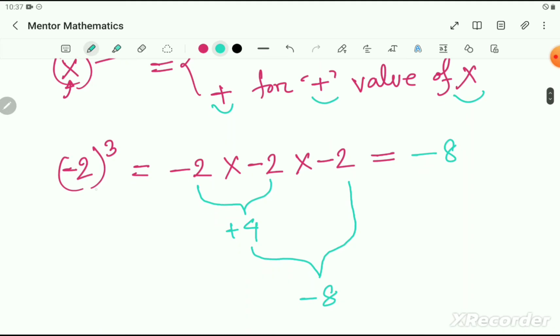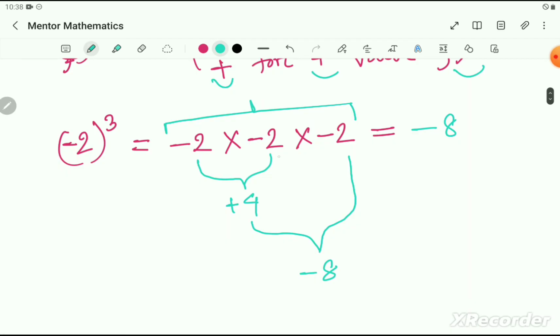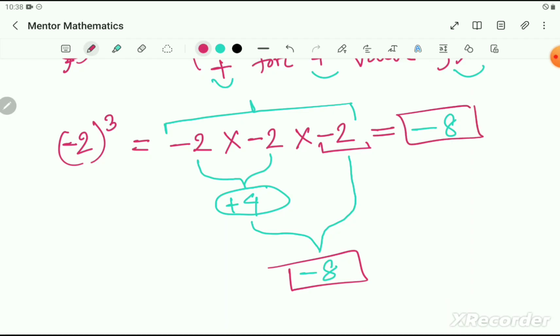For example, minus 2 power 3, we can write like this: minus 2 multiply minus 2 multiply minus 2, and the first two negative 2s give us positive 4, and then this positive 4 and the last negative 2 gives us negative 8. So the answer is negative 8. So whenever the power is an odd number, we can always assume that if the value is negative, the outcome will be negative.